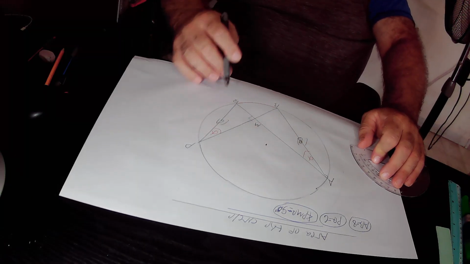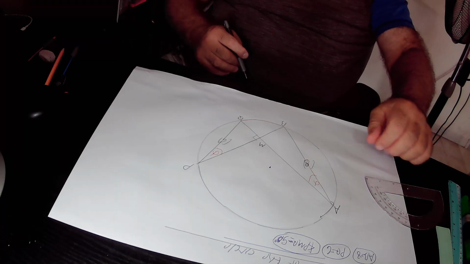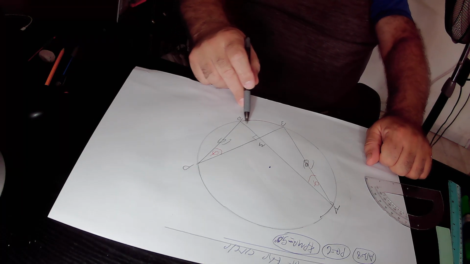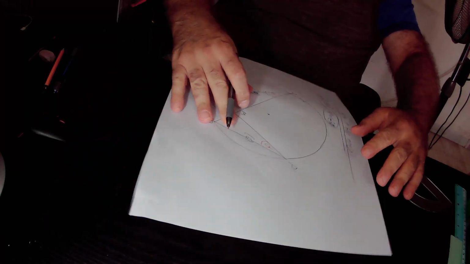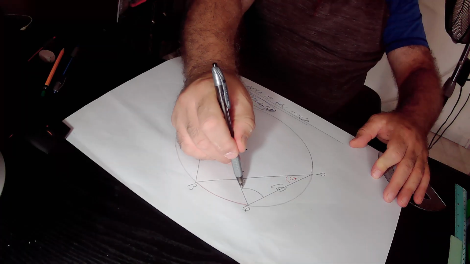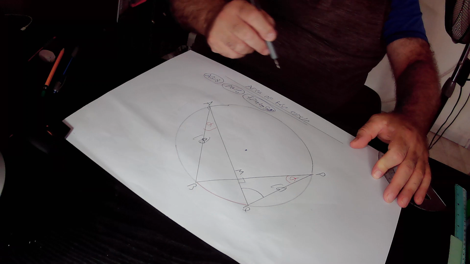This is arc AP, and from the drawing it is very easy to see that this is peripheral angle AQP that subtends on arc AP.